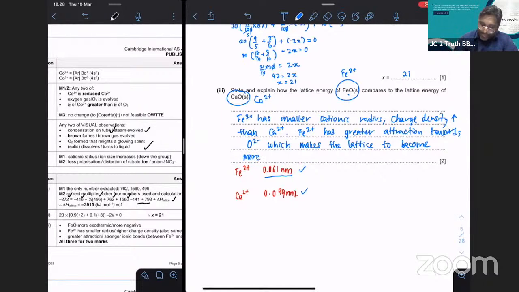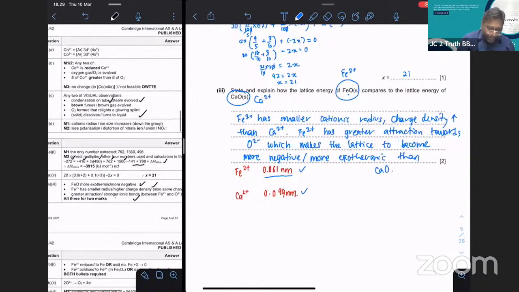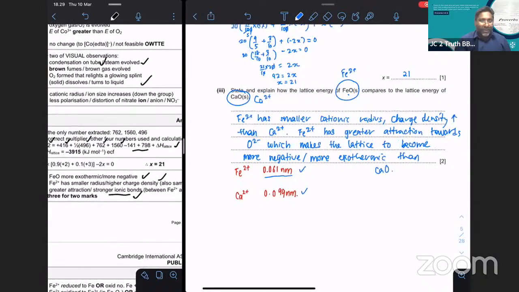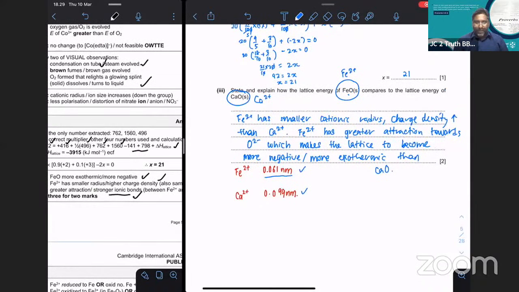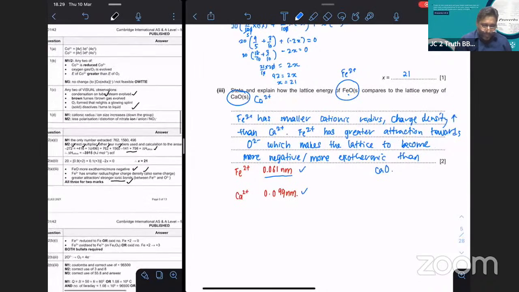More bond formation, or you can say more exothermic than CaO. Done. So you can see it's more negative, smaller radius, higher charge density, greater attraction. If you want to include stronger ionic bonds, you can, between Fe2+ and O2-. Everything is there in our answer.